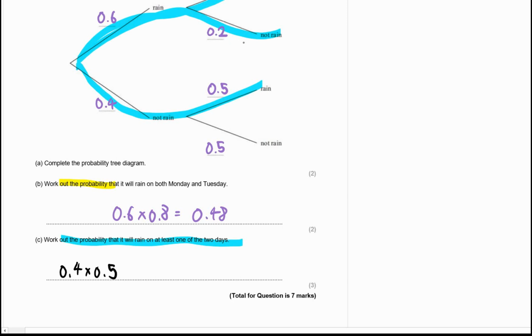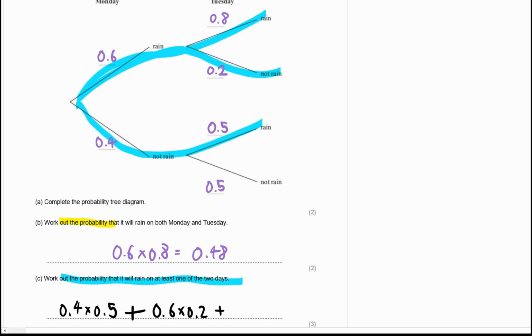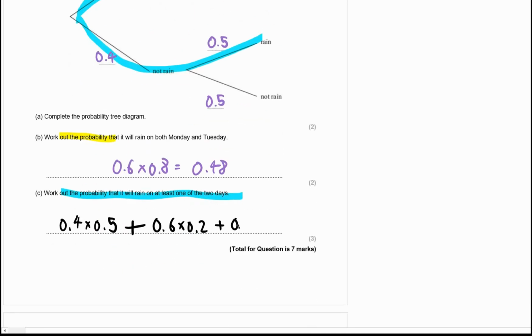For this path here, I've got 0.6 times 0.2. And whenever you're combining different paths, you always add them together. So plus 0.6 times 0.2. And then plus my other option, which you actually worked out in part A, which is 0.6 times 0.8. Okay, work it out, then you're done.